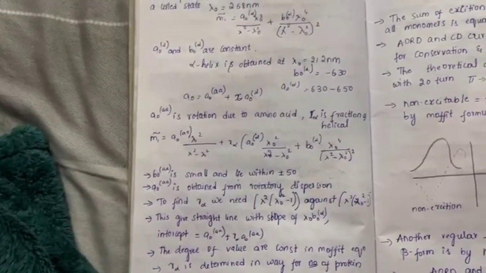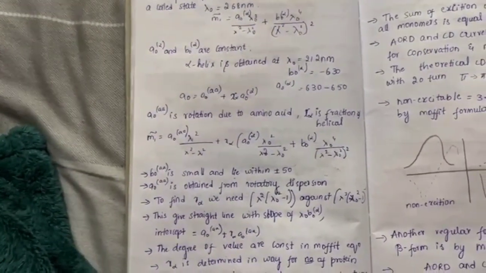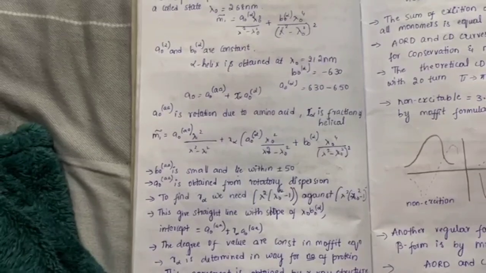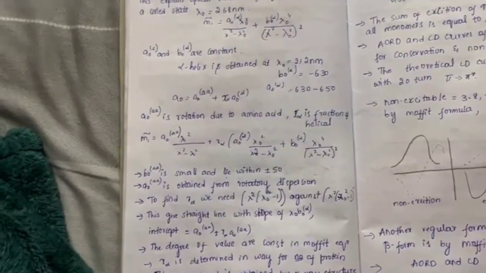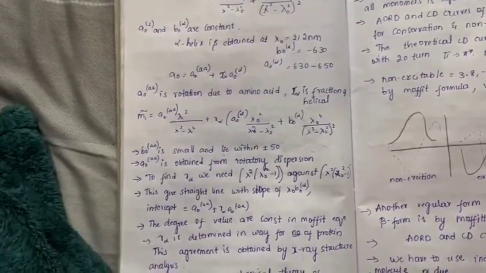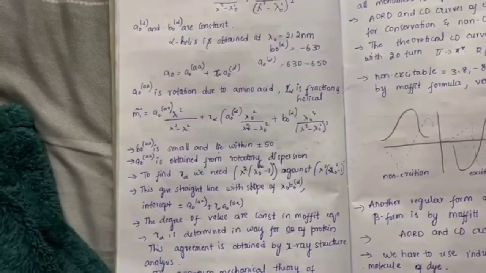These values are constants in the Moffitt equation. x alpha is determined for a number of proteins, and the agreement is confirmed by X-ray structure analysis.